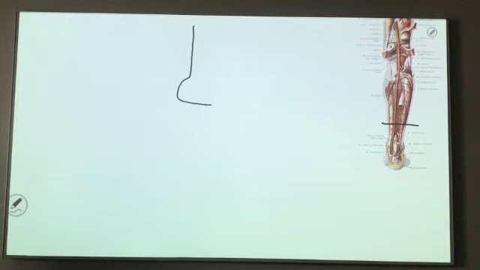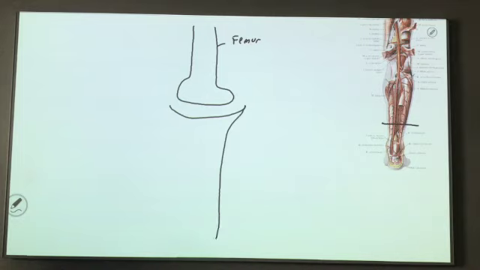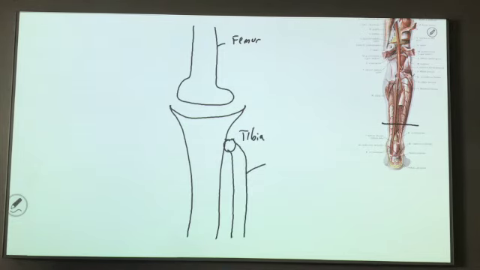Okay, so here's my femur. Not really going to mess with the patella at this point because we don't really need it for this drawing. Here's my tibia. And that's going to be my fibula.